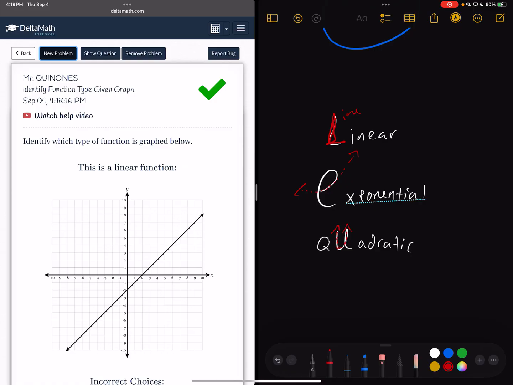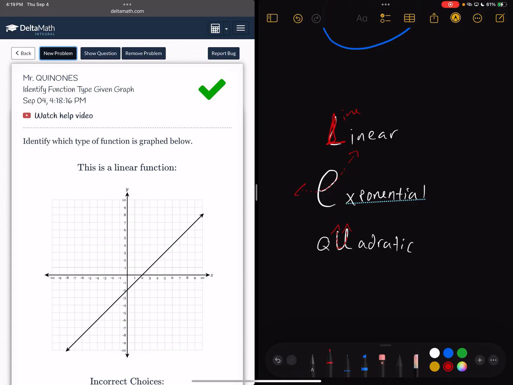Just a quick shorthand on how to remember the differences between them. It's the only 3 parent functions that we talk about in Algebra 1. Okay? Linear, exponential, quadratic. Knowing how each one of them looks is super important, especially on the upcoming exam.